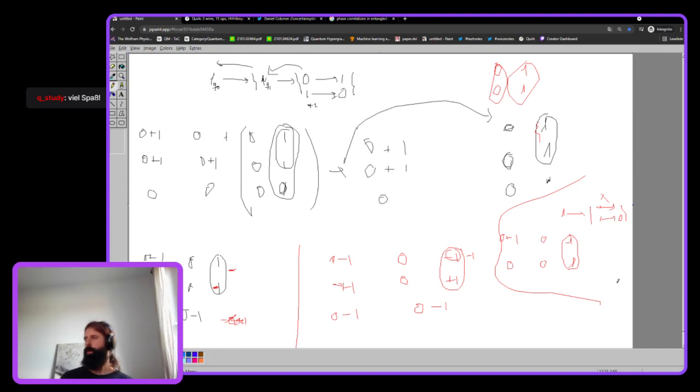Like here, that makes a lot of sense, but here it doesn't make sense at all. I want these to be like that. I want there to be a hyperedge here, because that's really what this is telling us.